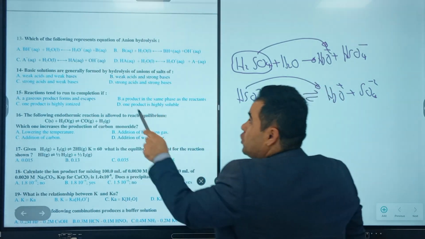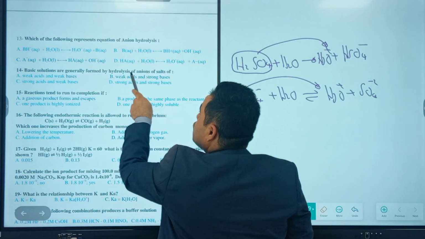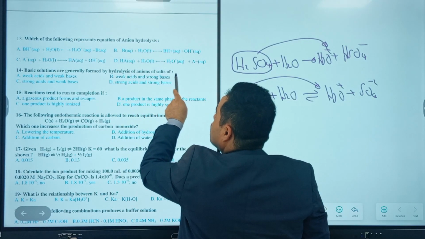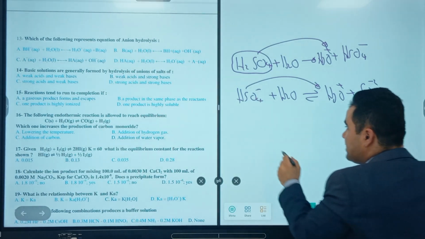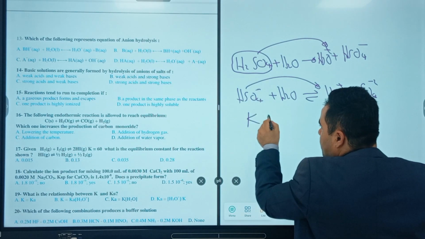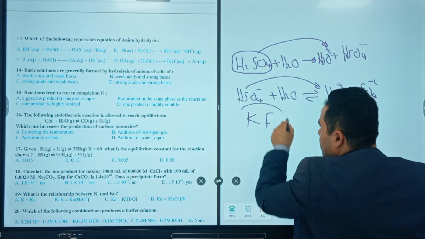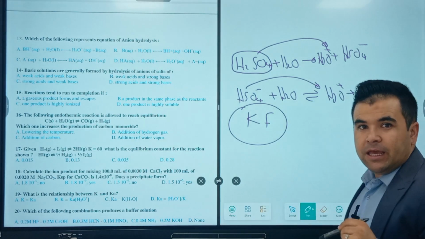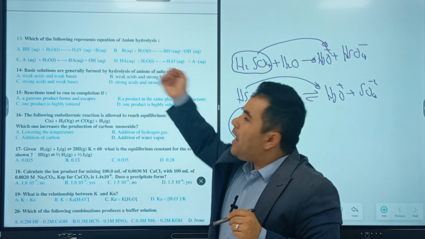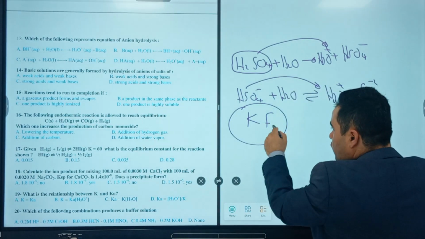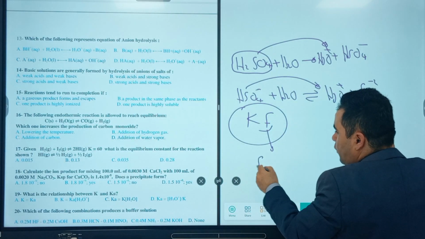Basic solutions are generally formed by hydrolysis of anions of salts of which of the following? Basic salts, like for example KF, undergo anion hydrolysis. The anion, of course, undergoes hydrolysis.